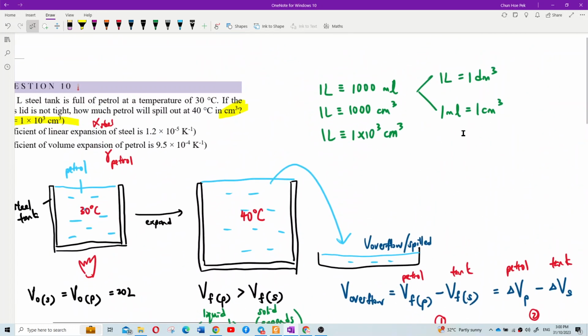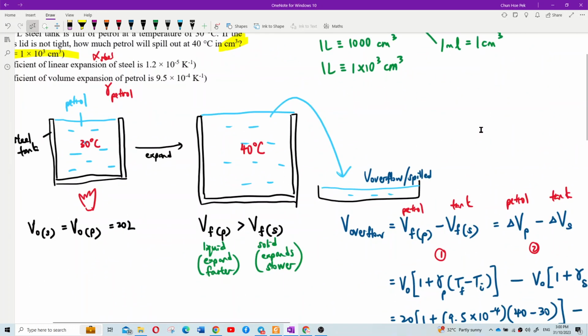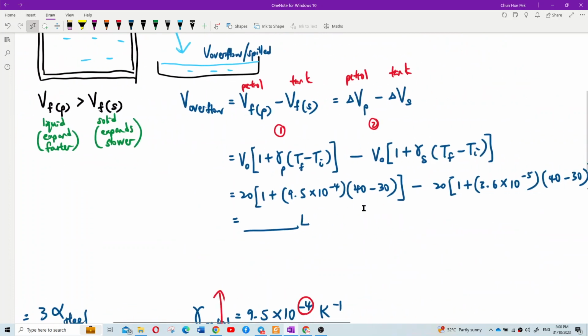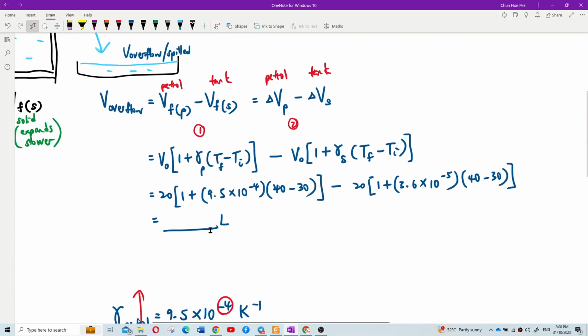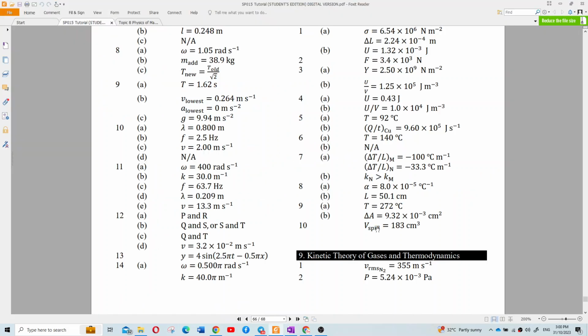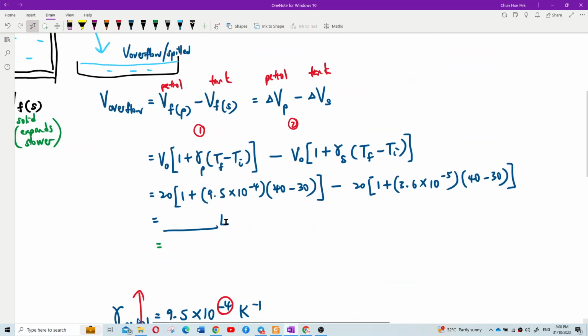Okay, never mind. I know, yeah. Okay, wait, class. I don't know what the answer is here. Maybe you found out already. Anyone? If not, I just proceed to the answer. 183 cm cube. That means somehow over here I multiply by 10^3, and I get the answer in cm cube.